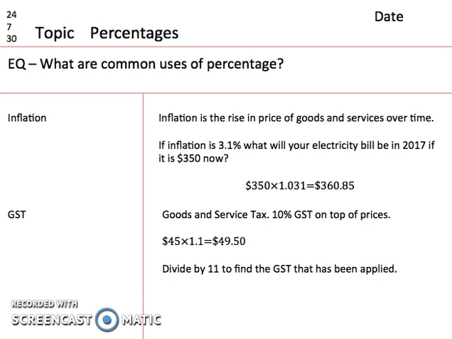If we looked at the original amount that we talked about with our GST of $45, our post-GST amount is $49.50. If you were asked to determine what the pre-GST amount is, all you would do is go $49.50, divide it by 11, which will give you your pre-GST amount of $45.